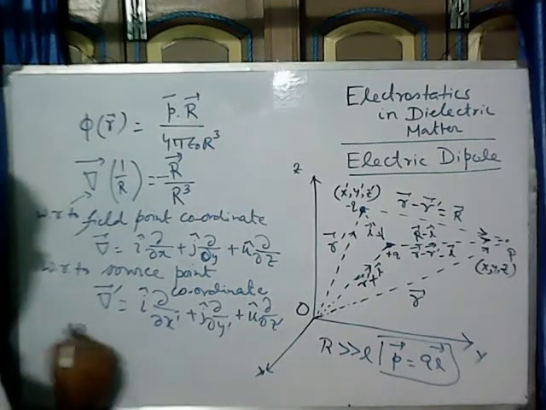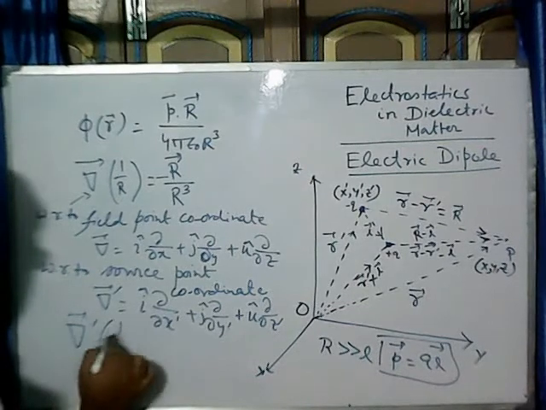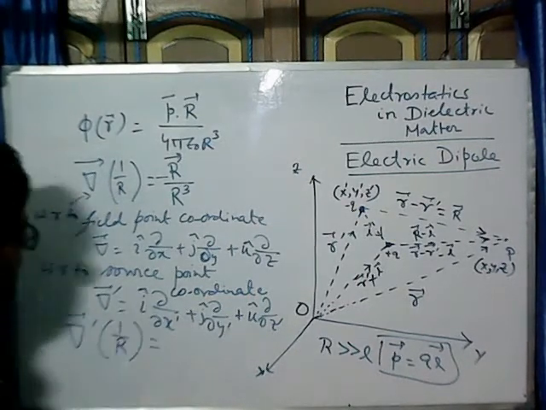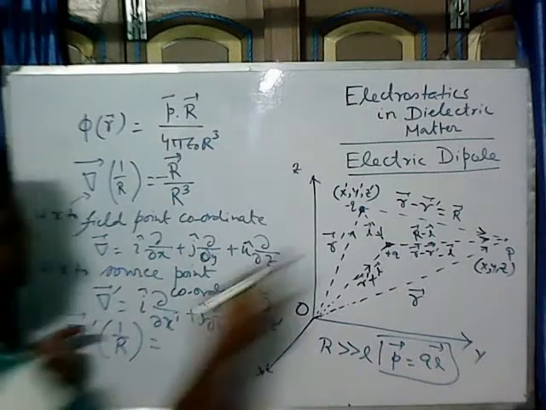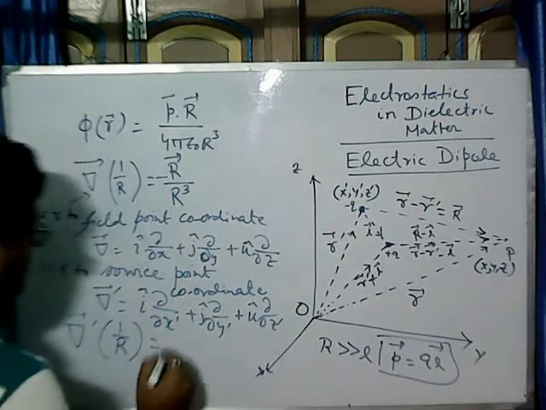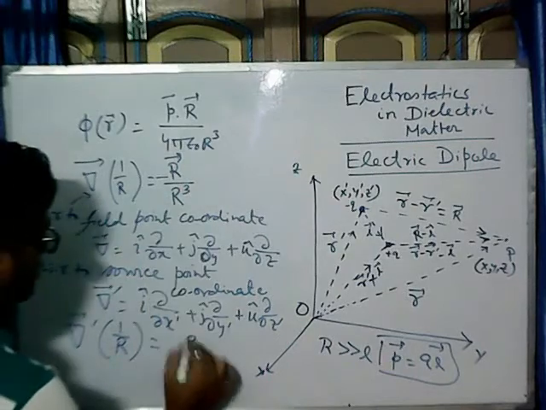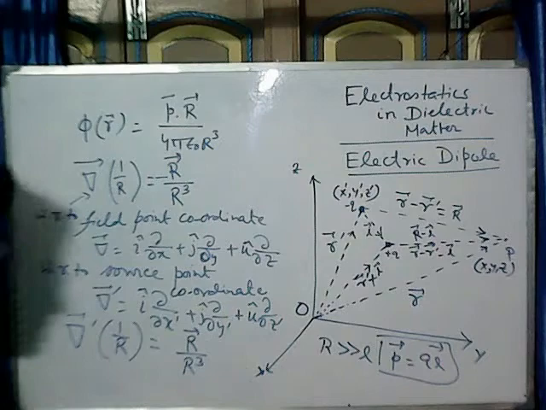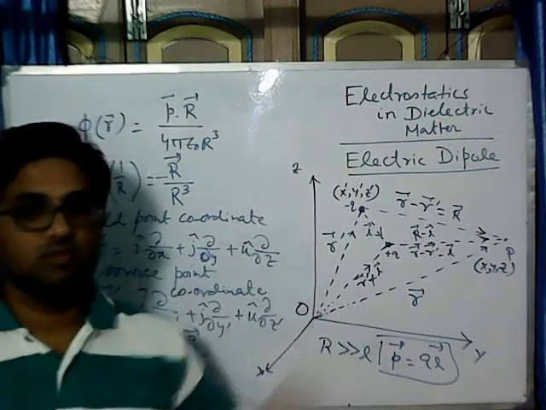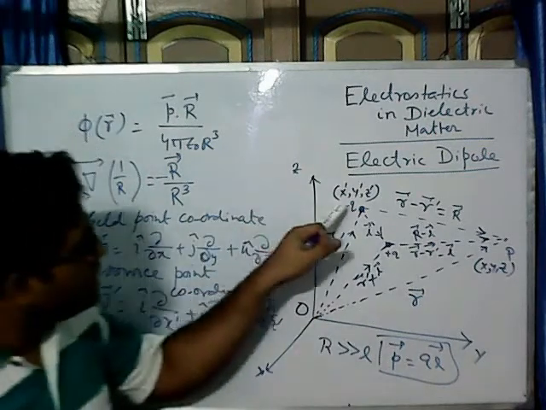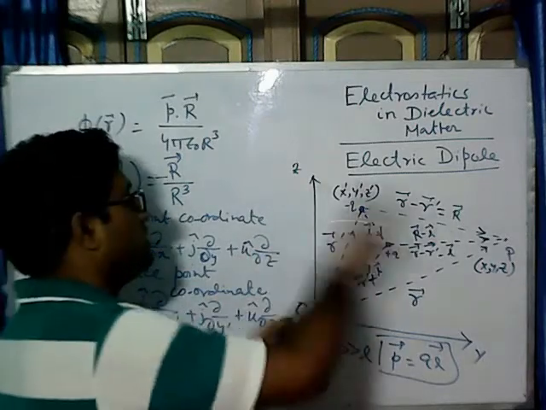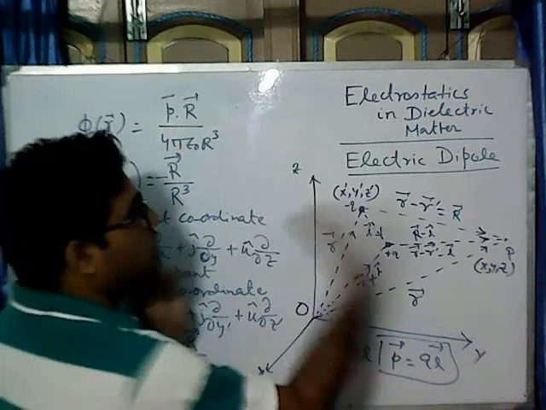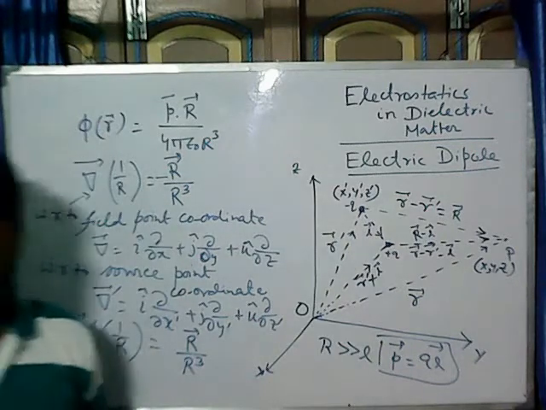Basically del prime here will be opposite, so this minus sign will not come here, because x and x prime are in opposite directions.